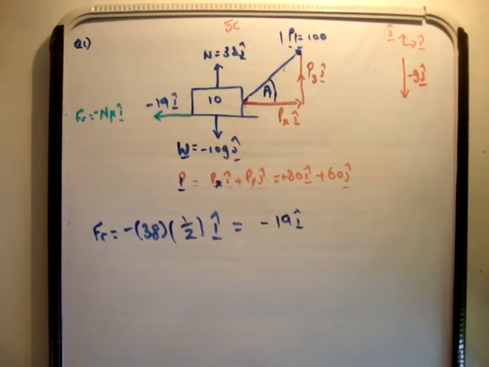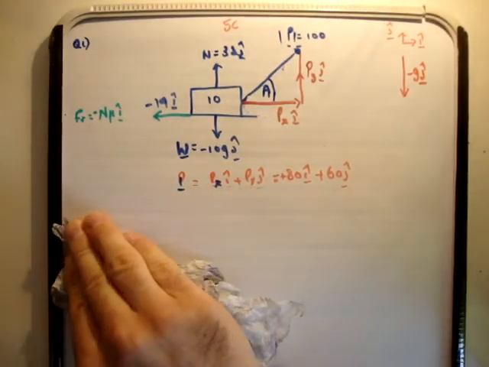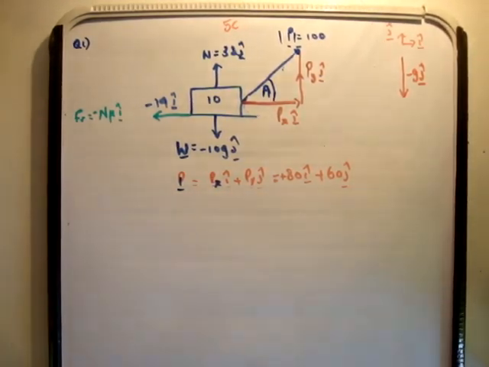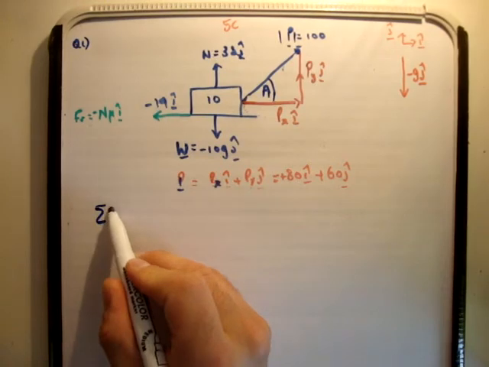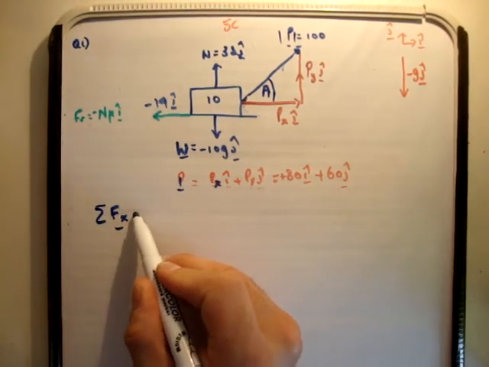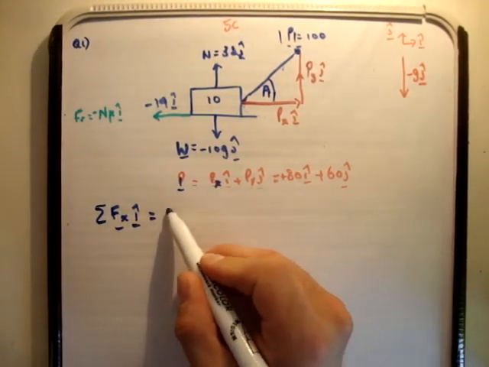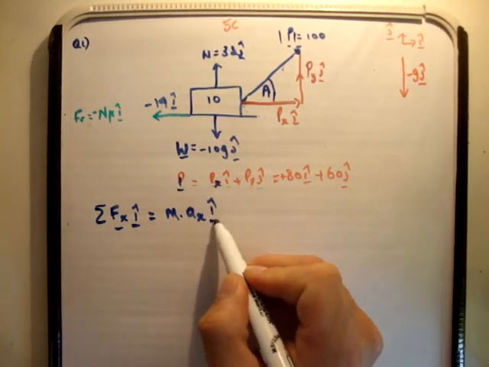So what else can we do? What are we asked to find out? The acceleration and the normal reaction. So the first thing I'm going to work out is the acceleration. Let's apply the same concepts which we've already applied, such that the sum of the forces in the x direction, in the i hat unit vector direction, is equal to the mass times the acceleration in the i hat.